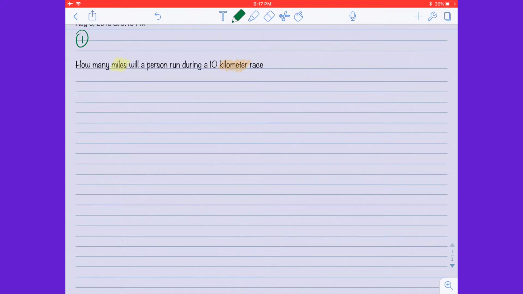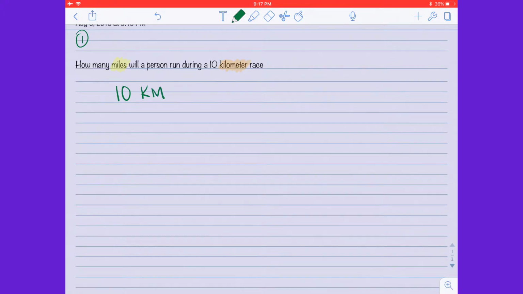Off the top of your head, you more than likely don't know the relationship, but luckily there is a chart of conversion factors at the top of your paper, so we're going to use that. We start by writing our starting value, and in this case, our starting value is 10 kilometers.